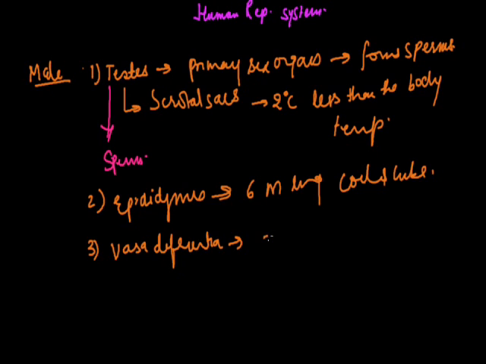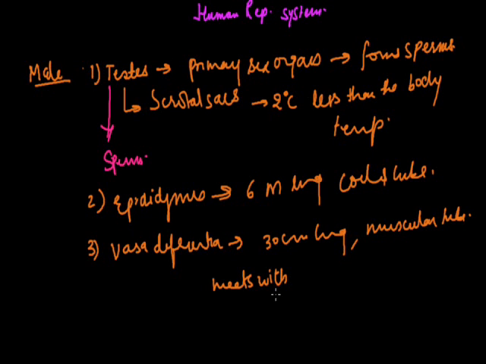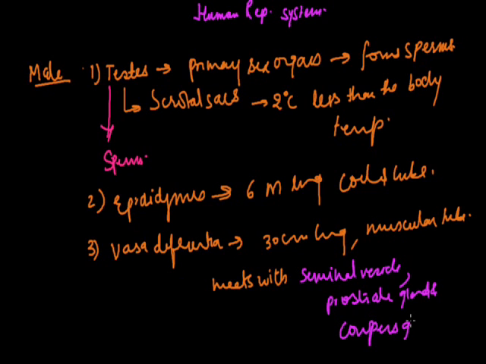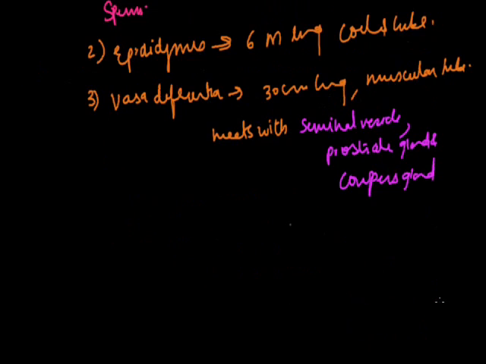It is also a 30 centimeter long narrow muscular tube which meets with the ejaculatory duct of seminal vesicle, prostate gland and Cowper's gland after uniting with the urinary duct to form the urinogenital duct.